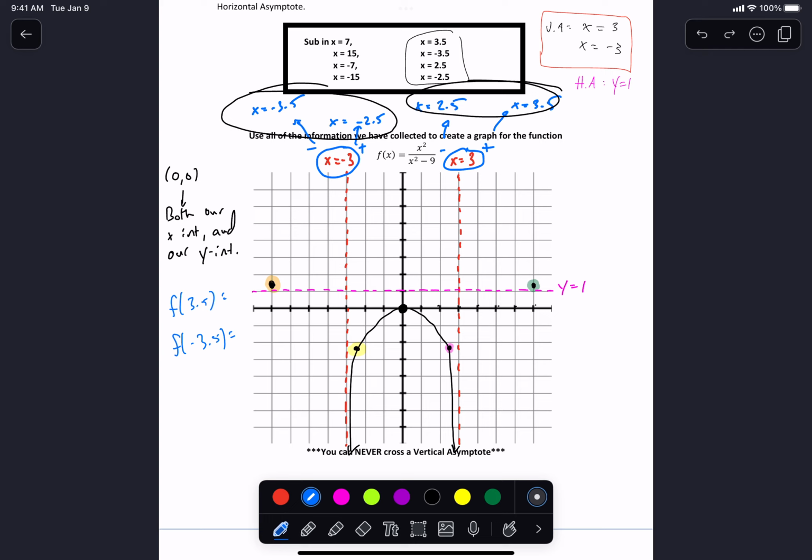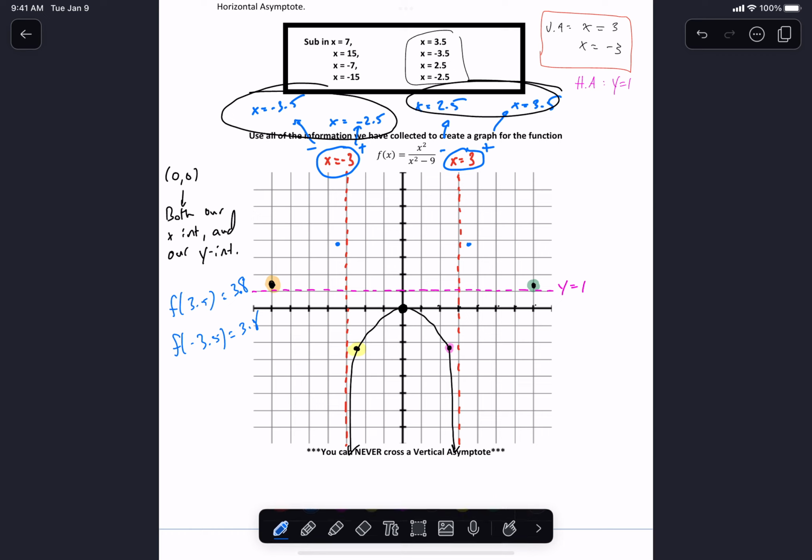3.76923076. That's for 3.5? Yeah. 3 point what? 3.76. 3.8. Okay, so and I'm assuming the other side's gonna be 3.8 as well. Okay, so when I substitute those values, I'm gonna get 1, 2, 3 point, almost there, and 1, 2, 3.8, almost there.